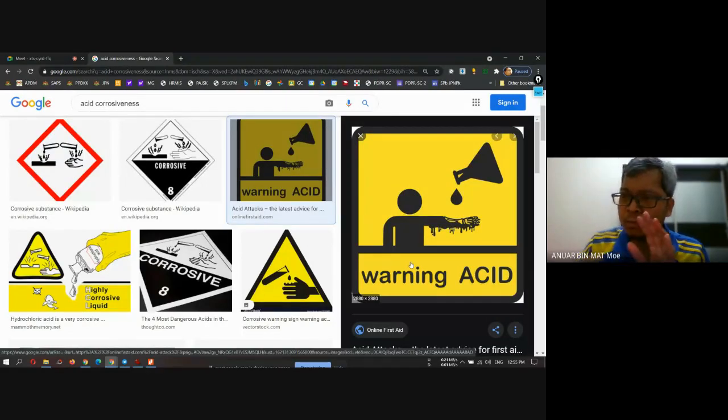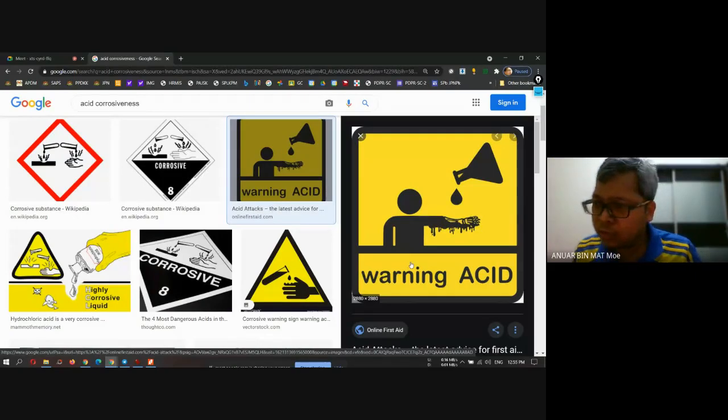For example, if you try to touch the acid or alkali with your bare hand, you will be hurt, because it is highly corrosive, but only very strong acid and very strong alkali. So how do you determine the strength of the acid? Of course, by using the pH paper that I showed you just now. Later on, I will show you how to determine whether it is a strong acid or weak acid.